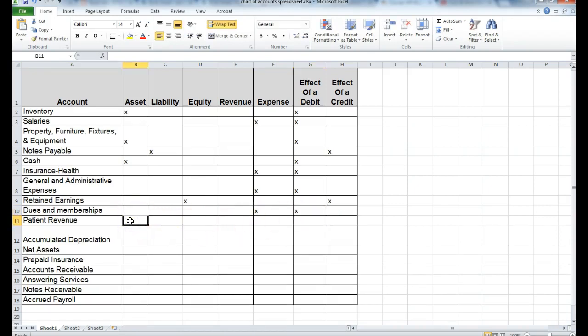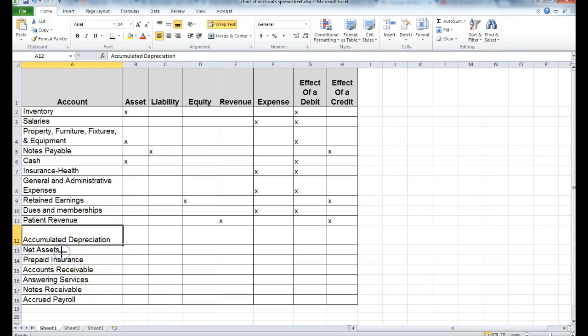Patient revenue. When you see revenue, rest assured it's probably a revenue account. So revenue would increase with a credit, right? Revenue increases our equity. Our equity is on the right-hand side, and so it increases with a credit. Now, we haven't talked much about accumulated depreciation, and actually we're going to skip over that for right now.